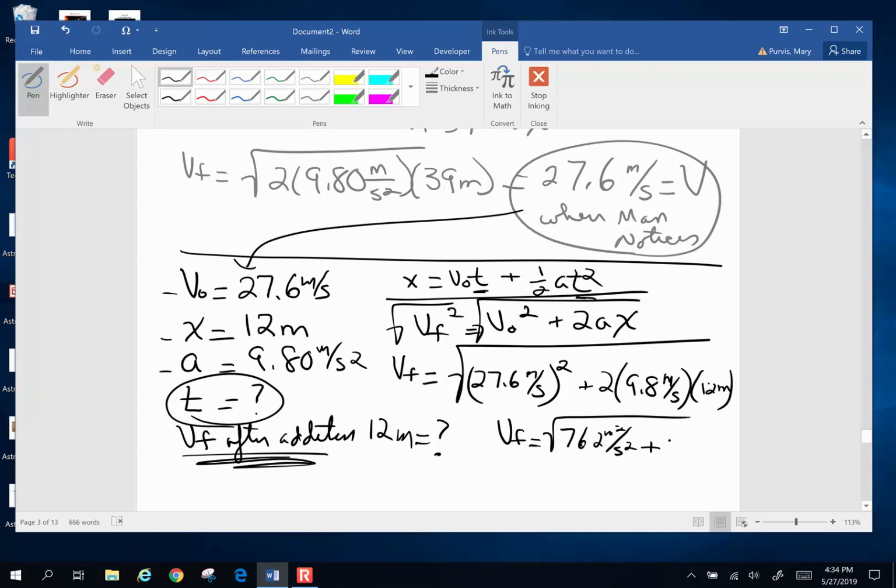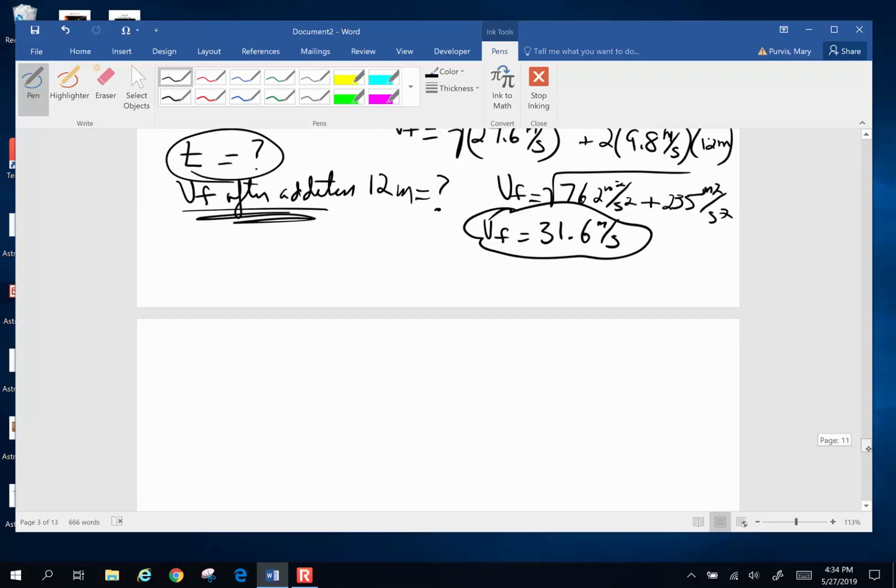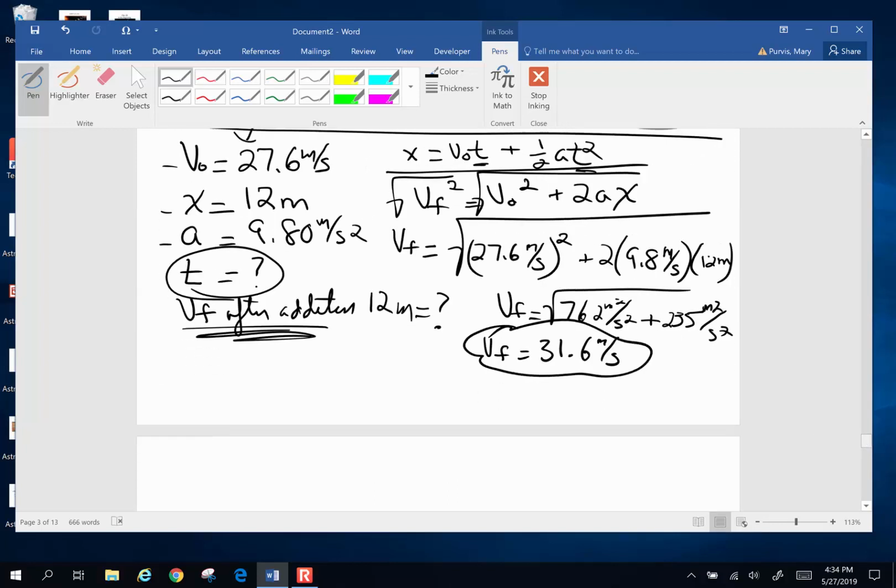So this is plus 235 meters squared per second squared, plus that's 762, and we're going to square root all of that, and we end up with a V final of 31.6 meters per second. Now I'm going to put a bubble around it. It's not my final answer, but it's an important answer. And now I can go back with all this lovely information and I can find time.